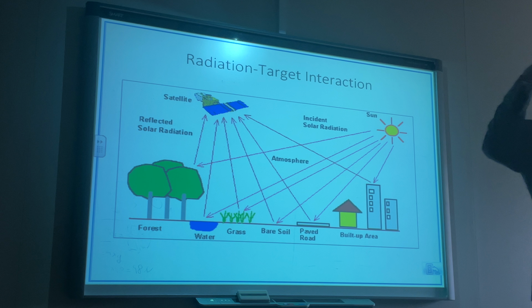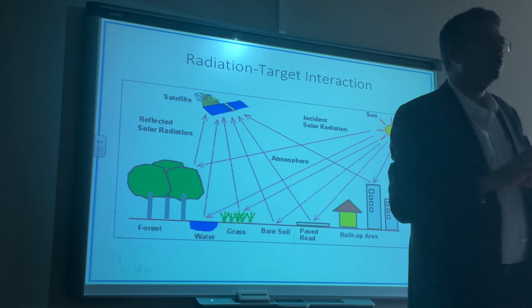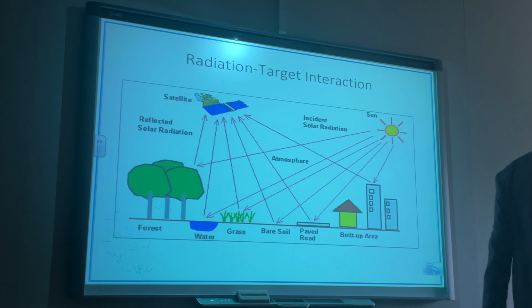So from the sun to the Earth's surface, only the transmitted radiation will be helpful, and from the Earth to the sensor, only the reflected radiations will be helpful. Radiations which are absorbed or scattered will not be helpful for remote sensing.